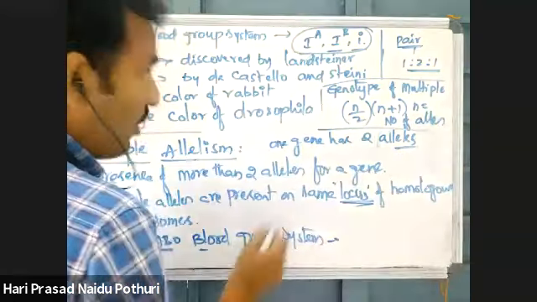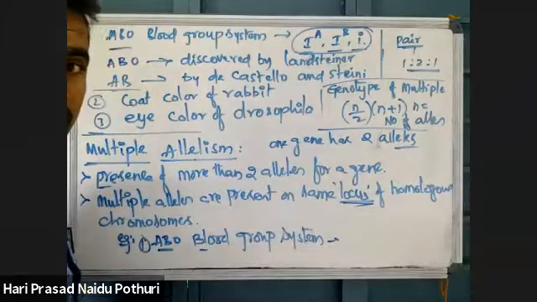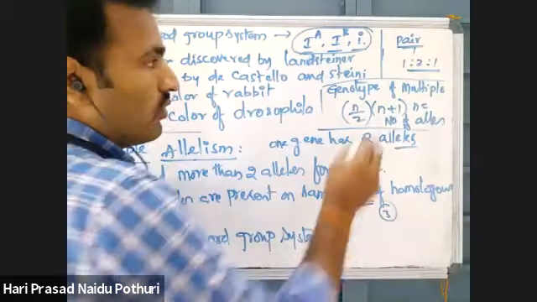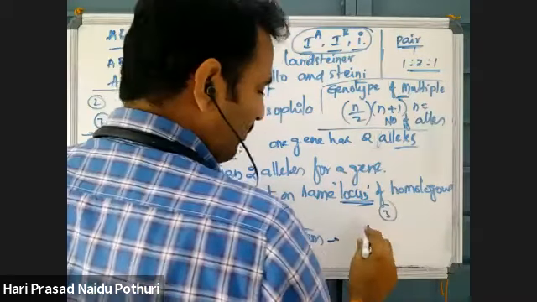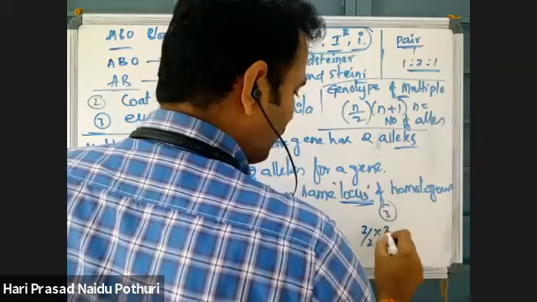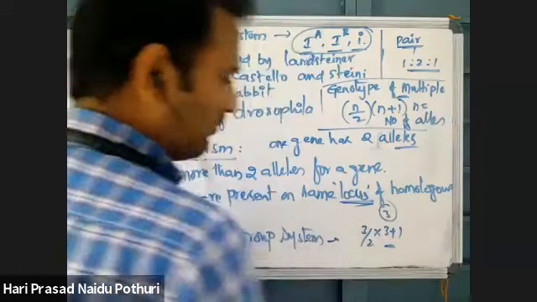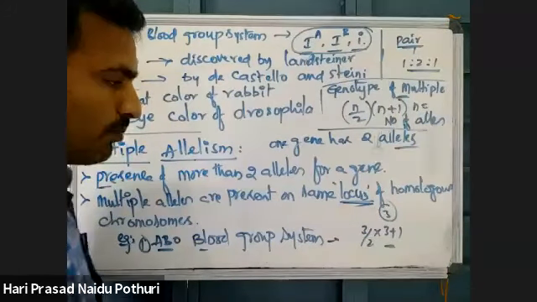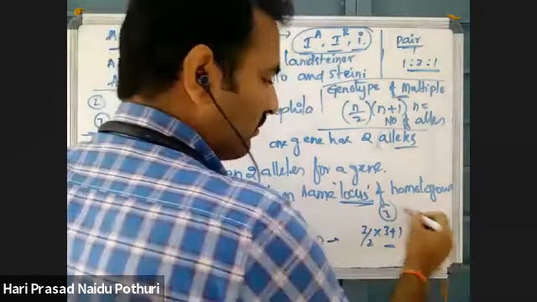How many alleles are present for blood grouping? Three alleles. So the number of genotypes possible is 3/2 into 3 plus 1, which means 6.